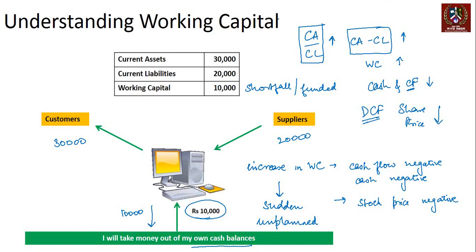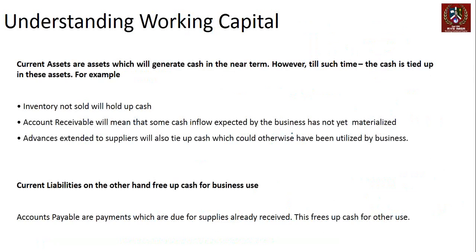Let's just summarize whatever we have said so far. Now, current assets are assets which will generate cash in the near term, right? However, till such time, the cash is tied up in these assets. We just saw that if there is a receivable, it will mean that some cash inflow expected by the business has not yet materialized, right? So it will block that cash for that period.